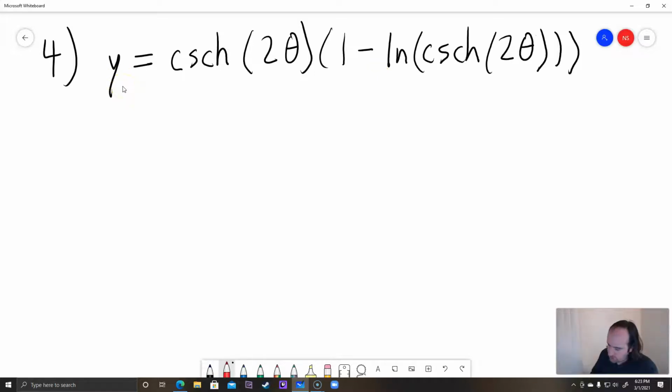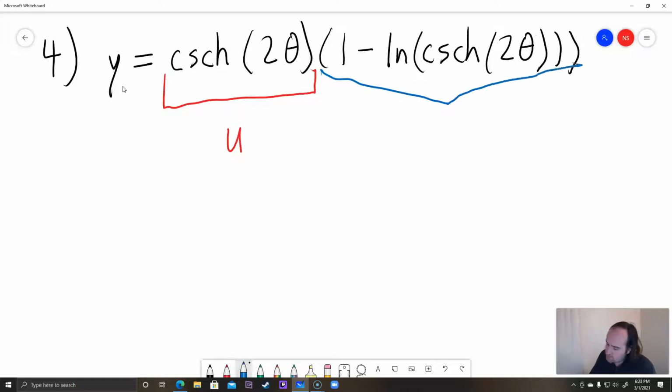Okay, so you label the first function, which here is cosec of 2 theta. That's going to be our u. And then our second function, which is 1 minus ln of cosec of 2 theta, that's going to be our v. Okay, and then we go ahead and use the product rule. I'll just write PR for product rule.